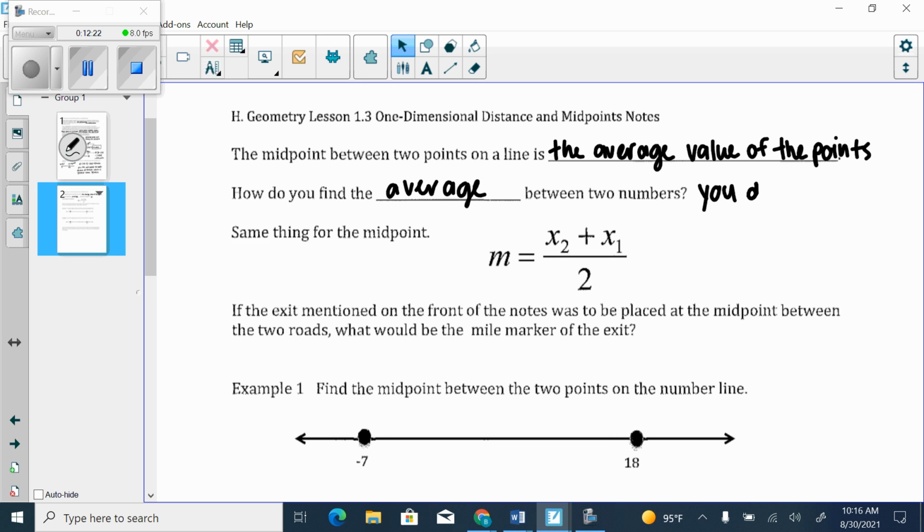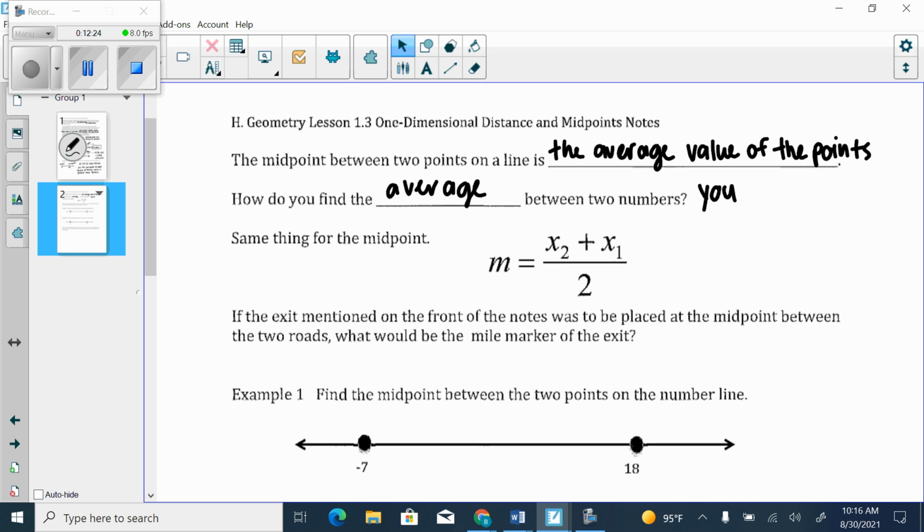So you add, and divide by 2. All right, so this is what our midpoint formula is going to look like. Our 2 points added together, divided by 2.